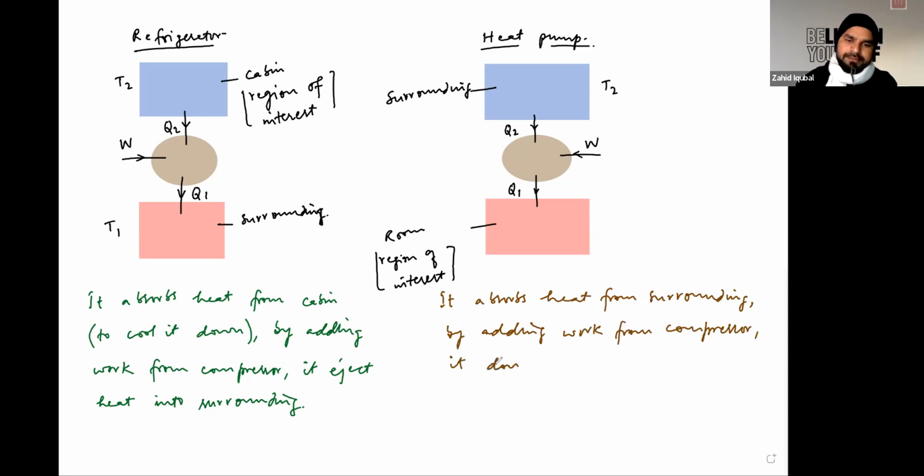It donates heat into room to warm it up. First, write it down, then I'm defining how to calculate its efficiency and working performance.